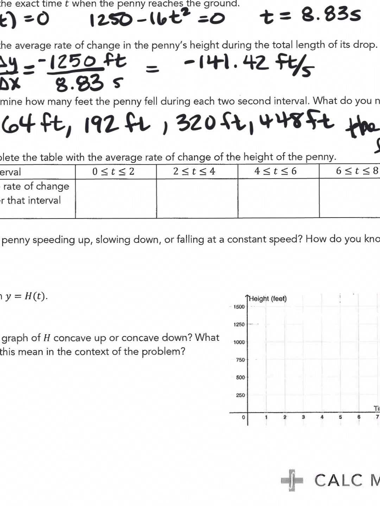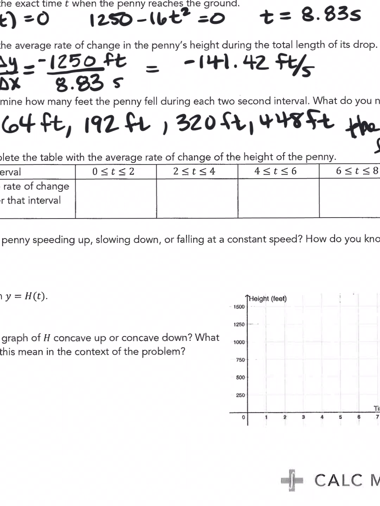Each 2-second interval increases, which means we know that it's what? Probably speeding up, isn't it? Okay, if they asked you what did that mean, that means that it's speeding up. But they ask us that in 6, don't they?